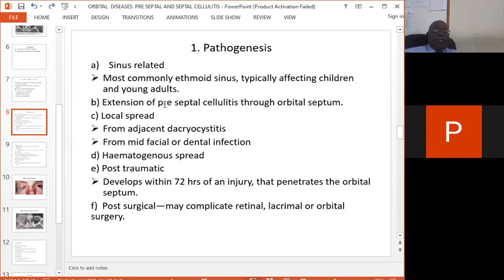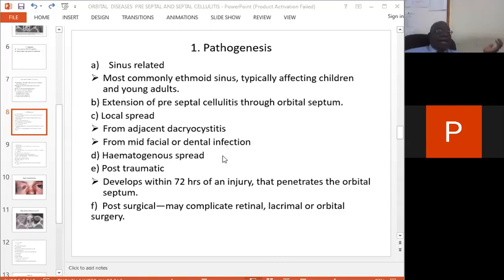So extension of preseptal cellulitis through the orbital septum, which we call local spread, from adjacent dacryocystitis, or from midfacial or dental infection.